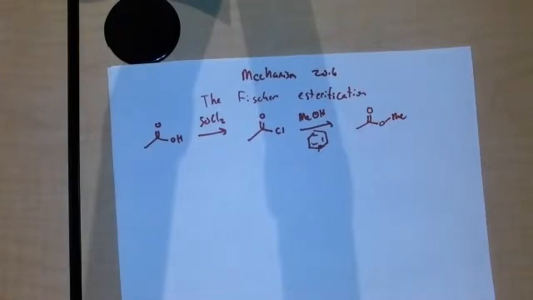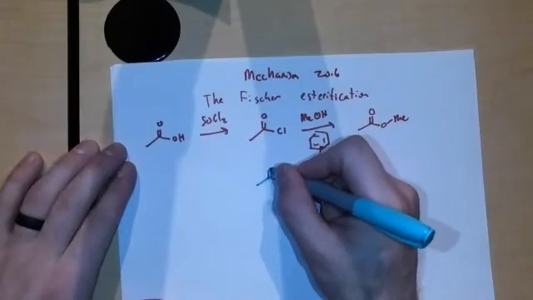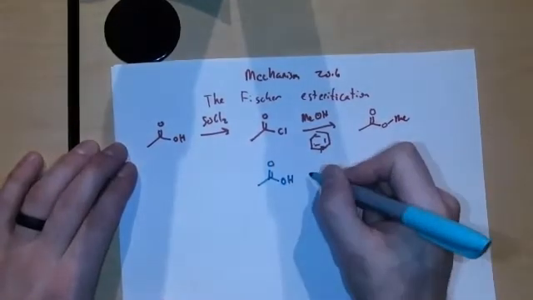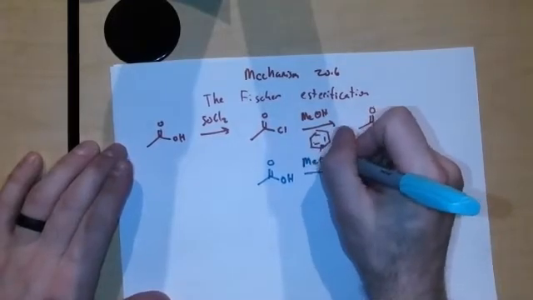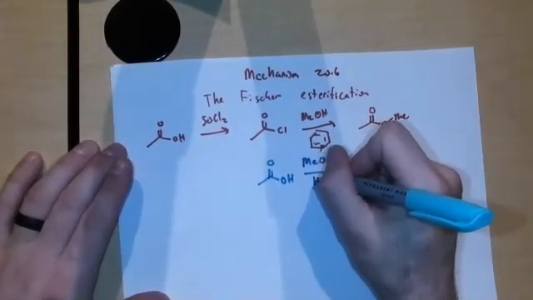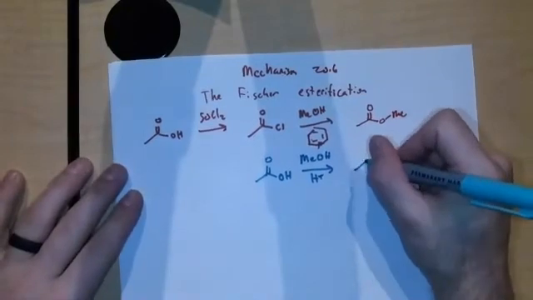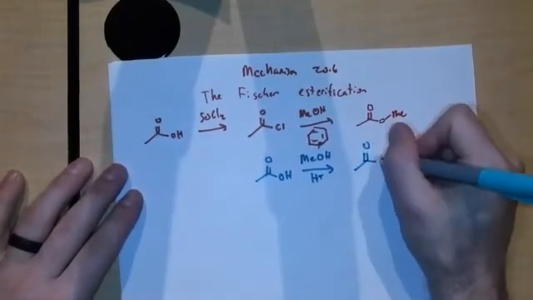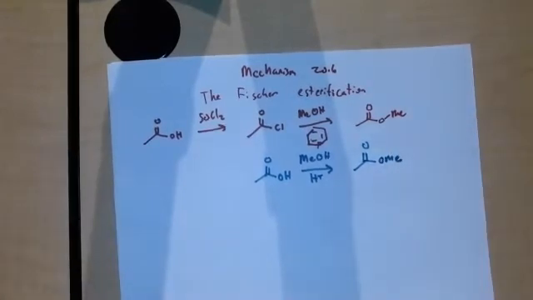There is a simpler way to do this where we can just take our carboxylic acid, throw in methanol and H+, and through about a 7-step process, this can transform into this ester also.